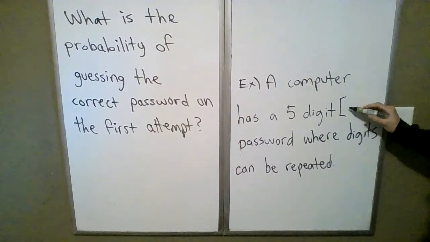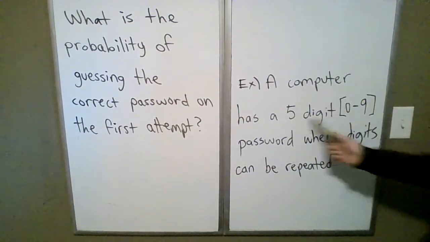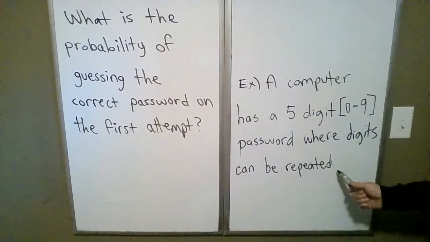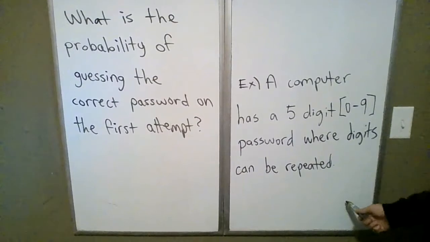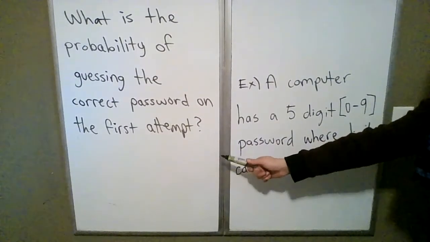And just mentioning again, the digits can go from 0 over to 9. Okay, so it's a 5-digit password. Digits can be repeated. And do you want to know how likely it is to get the right password on the first attempt?